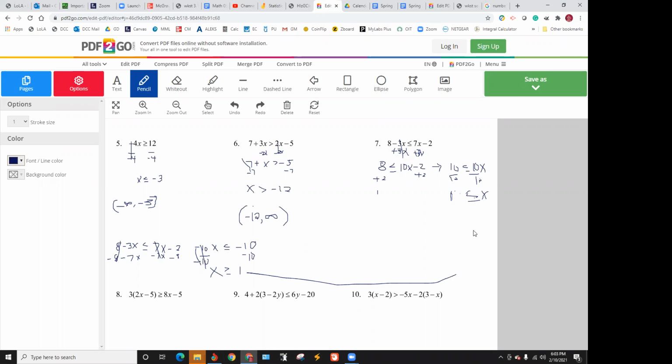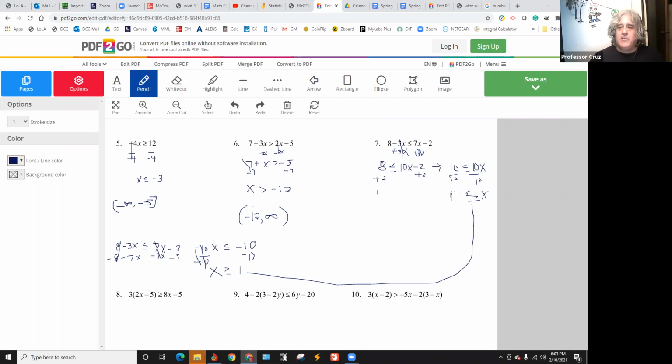These two things are exactly the same thing, because to what side is the pointer pointing in each case? They're both pointing towards the 1, and the open end, the mouth end, is towards the x. So these two things are the same thing. And that's what I'm saying: what side you work on does not matter as far as isolating your x.